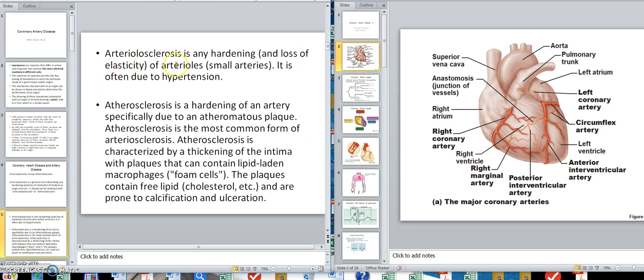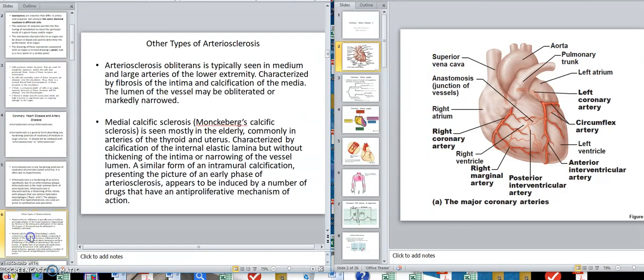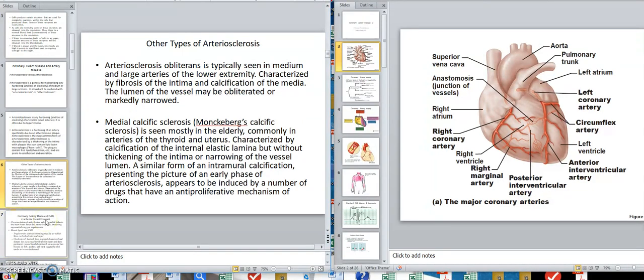Okay? Artery hardening could be of the arterioles, small arteries. All right? But atherosclerosis is when you actually start getting a calcified plaque. All right? And then we got other types. We won't really get into that.